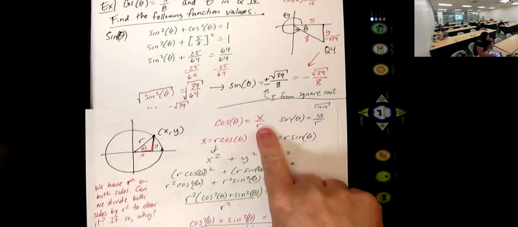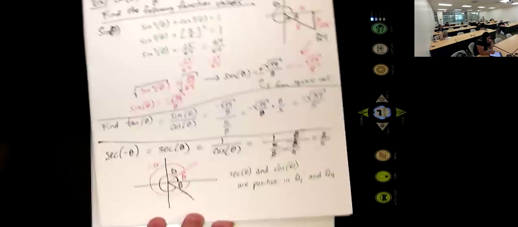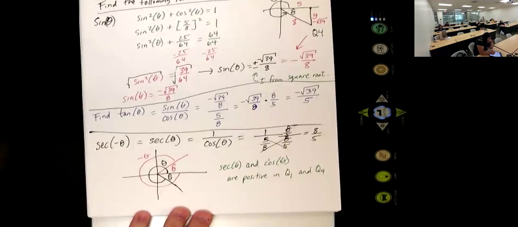Cosine theta is x over r and x is positive on the right side. So both of those are always positive. And that's why plugging in negative theta is the same thing as doing regular theta. Not the most exciting thing, but it works.